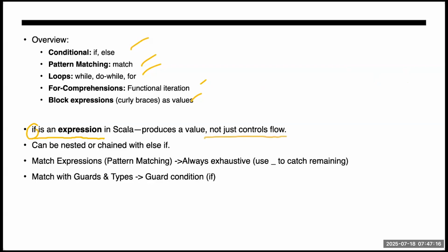So it is not just control flow, but it produces a value. Let me give one example. Val temp equal to 15. Temp means temperature. And I want to print something on the basis of this.